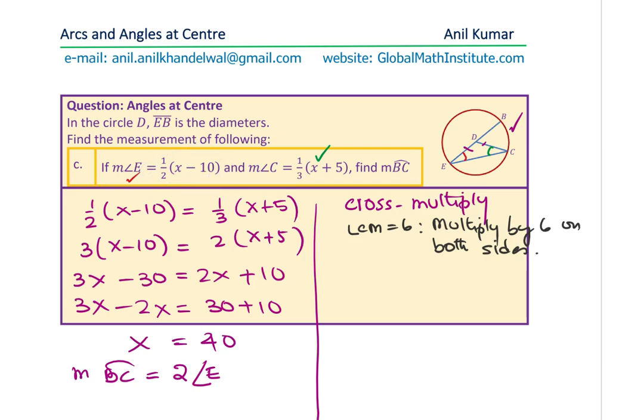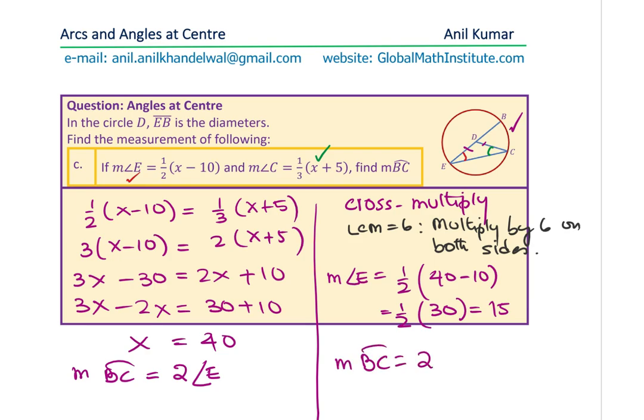Measurement of angle E is half of the x value of 40 minus 10, which is half of 30, and that is 15 degrees, right? So we know it is 15, and therefore the measurement of BC, which is twice 15, is our answer, and it is 30. Is that clear to you?